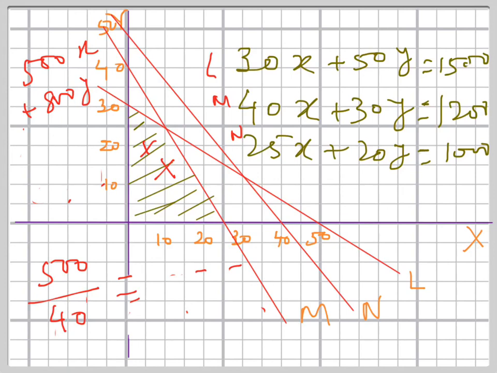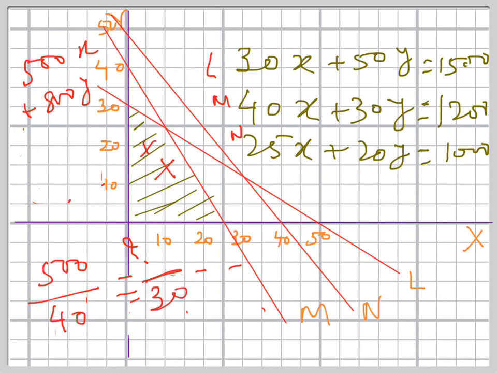Then the coefficient of y in the objective function line, that we have to change. That is, we are changing the profit value of paint B, which is right now 800. We are changing its value such that the objective function line becomes parallel to M. So we are going to find out the value of this. So here we have a question mark, divided by the coefficient of y in M line, which is 30.